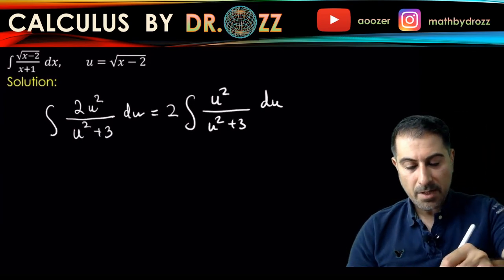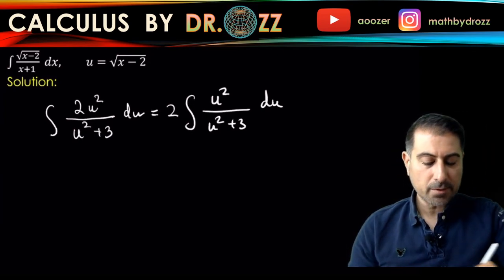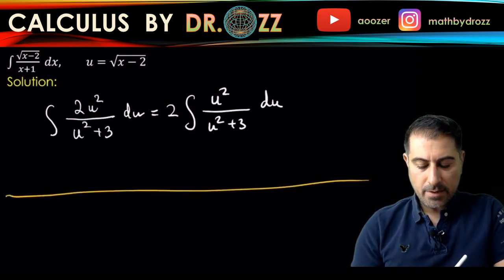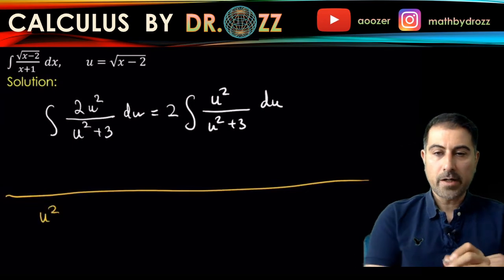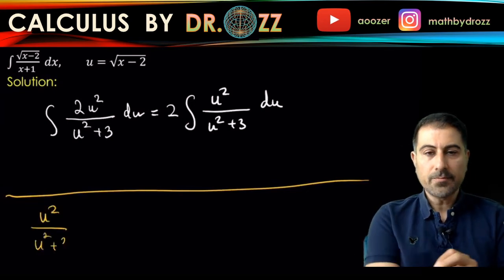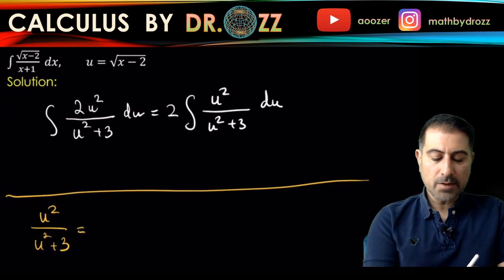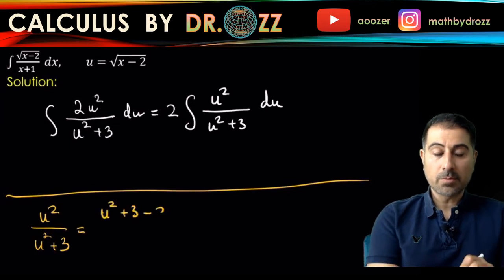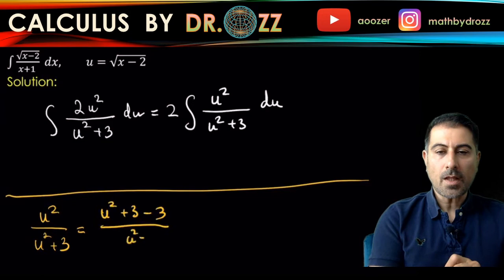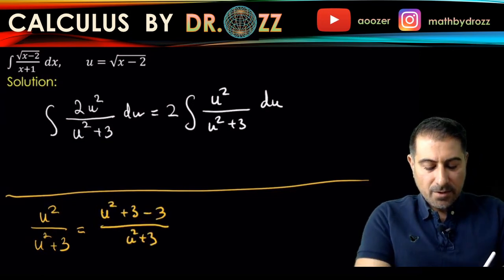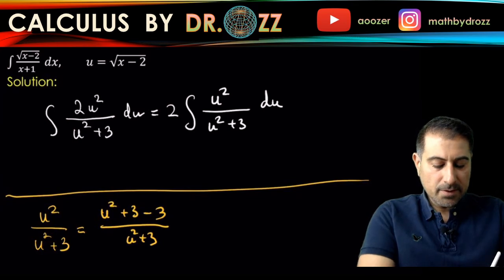So I'm going to have a separate workout here, on u squared over u squared plus 3. I'm going to write it like u squared plus 3 minus 3 divided by u squared plus 3. This is one of the algebra techniques to simplify the integrand. So I'm going to split this as this.